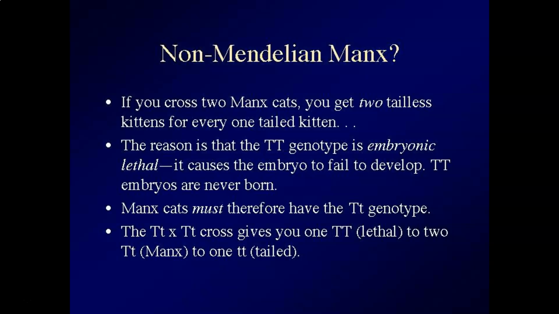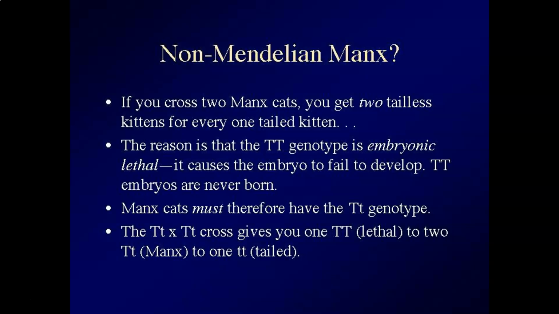And so every Manx cat has to be heterozygous for its genotype, which means as a breeder, you will always end up with the potential to get a handful of tailed kittens in your breed, which also means that this particular breed is a little bit more expensive. From a breeder standpoint, you have to figure out what to do with these tailed kittens because it's not what you're trying to create. It's not what your clientele is looking for.